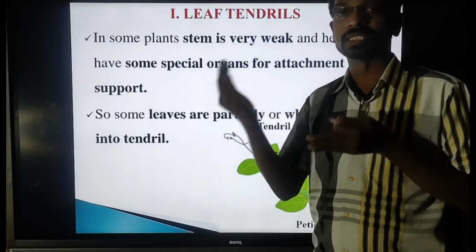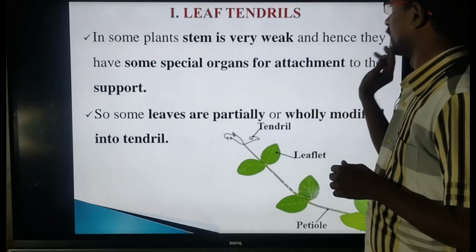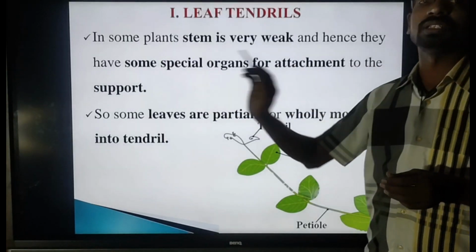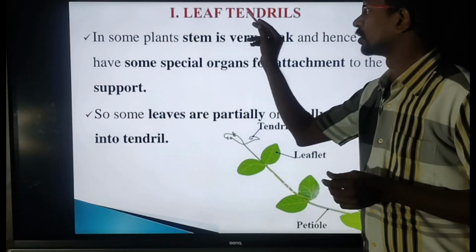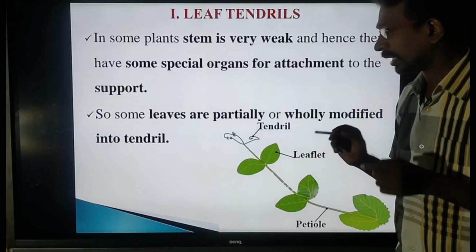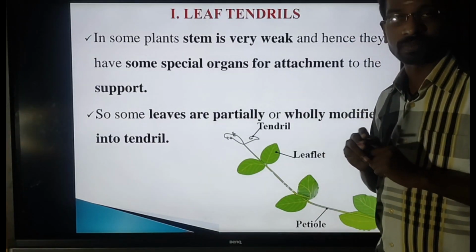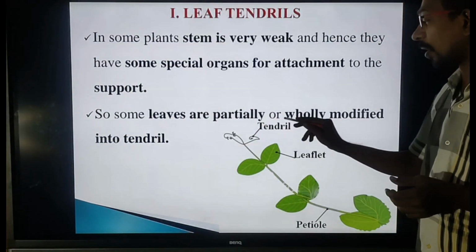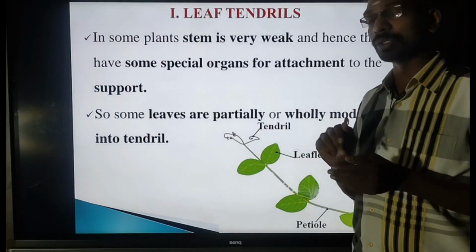In some plants the stem is very weak, and hence they have a special organ for attachment to the support. What is the special organ? Leaf tendril. Here the leaf is modified into a tendril structure, a slender, wiry, coiled structure. Leaves may be partially or wholly modified into tendril.